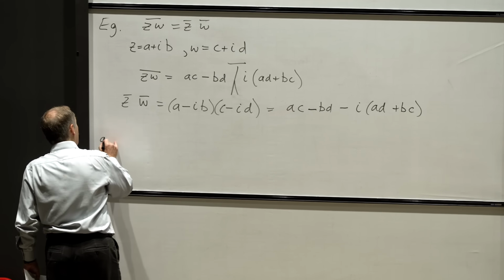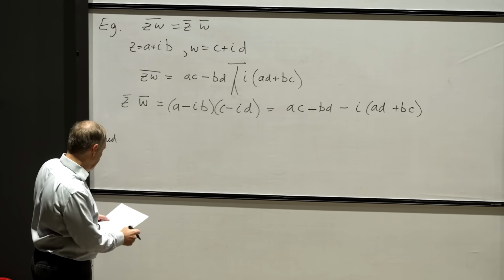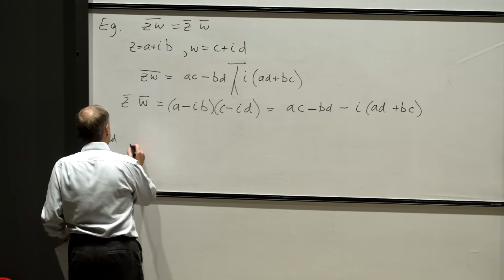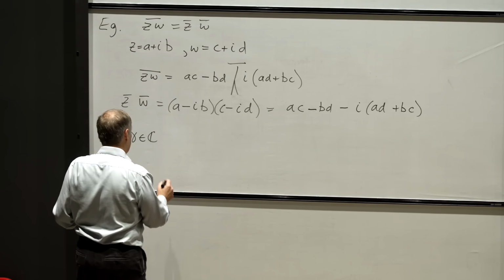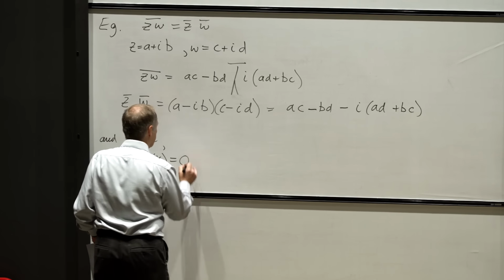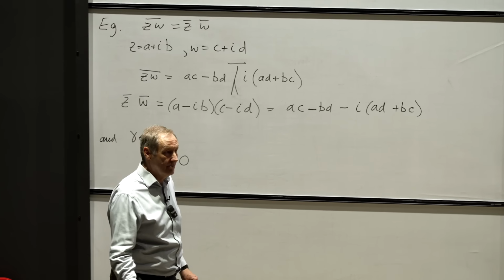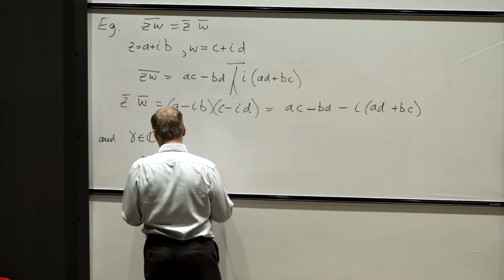Oh, and I'll prove another result that I quoted on the board there. Let's suppose that I have gamma in C, and a polynomial P of gamma is equal to 0. So gamma is a complex root of a polynomial.